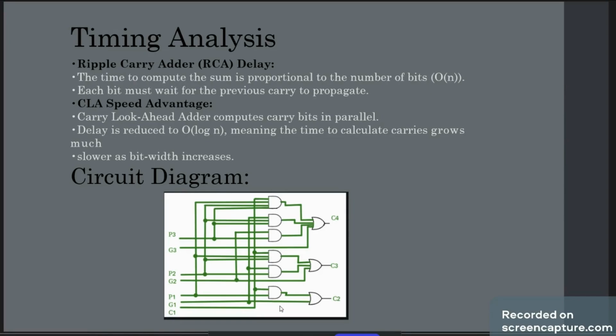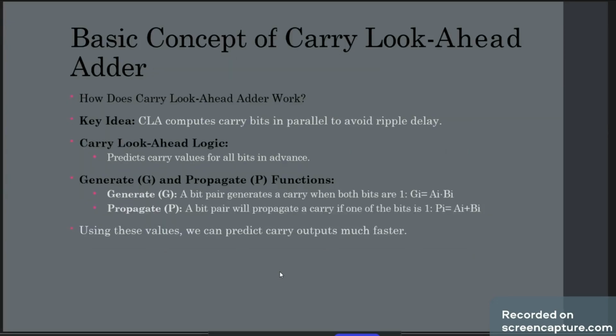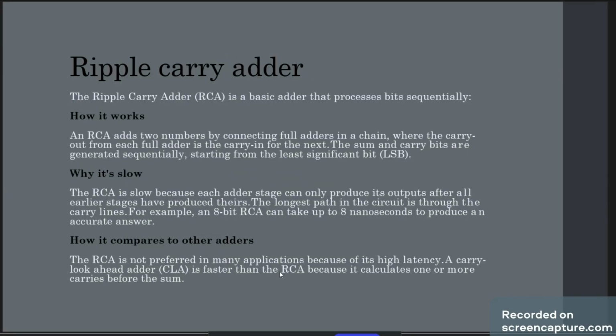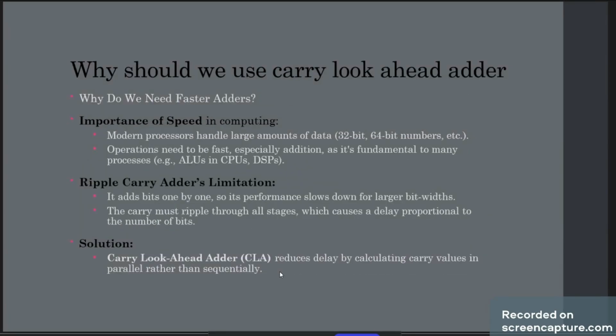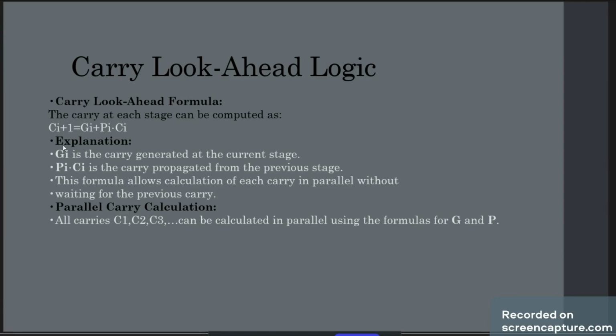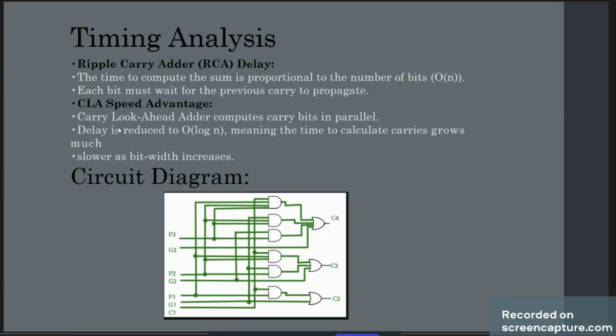In these, Ci·Pi is done, as you saw before. As you can see here, this part is done first, all in parallel, and after that it's added with the G3 value, G1 value, and G2 value, to get the outputs C2, C3 and C4.